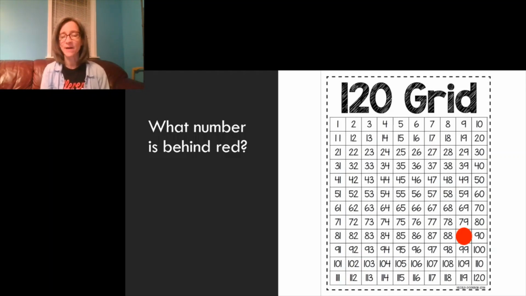What number is behind red? 89. 89 was behind red. What number is behind red? 57. 57 is behind red.